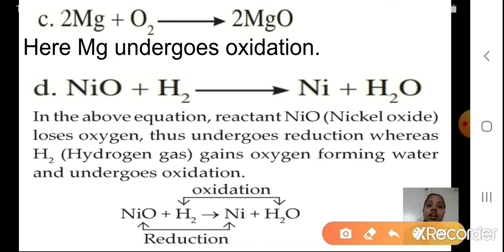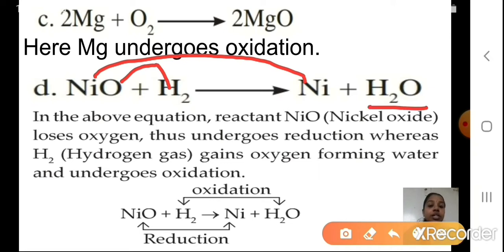As it is losing oxygen, I will say that nickel oxide is undergoing reduction. Whereas H2, that is hydrogen gas, gains oxygen forming water and undergoes oxidation.